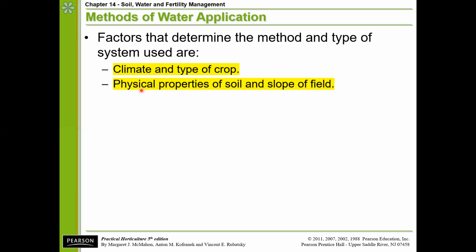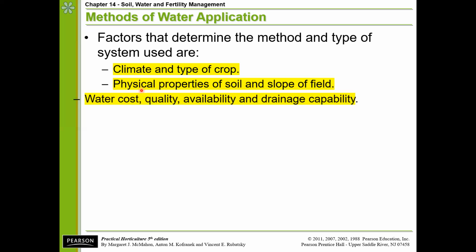Then also thinking about, in conjunction with the climate and the soil, how much water do we naturally have? And then if we need to add water, what is the cost of it? What is the quality of the water that we're adding? What's the availability of that water? And what is the drainage capability of our soil itself?